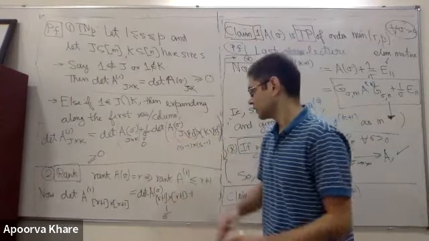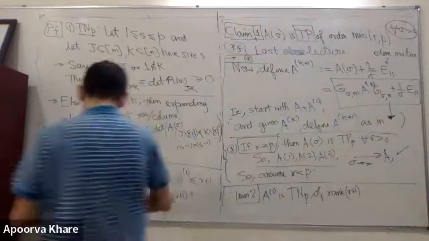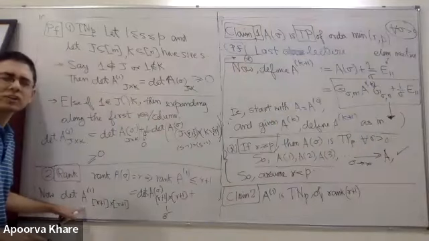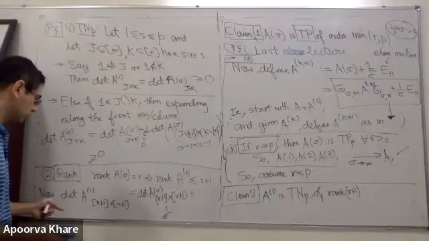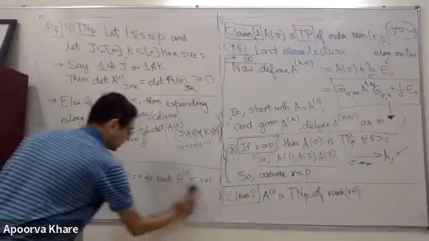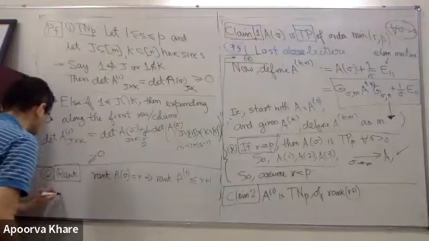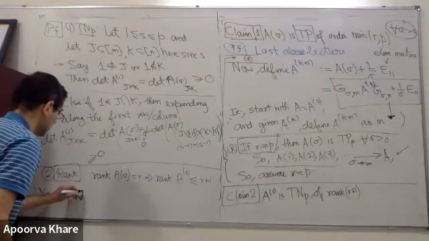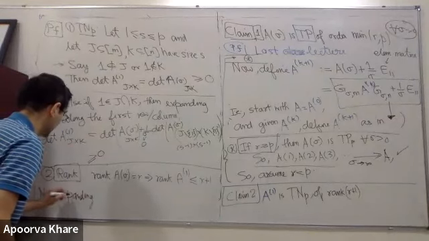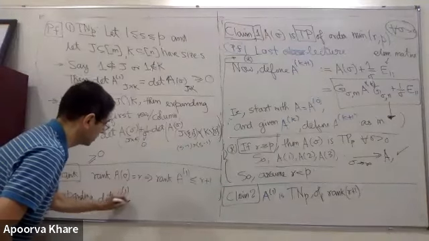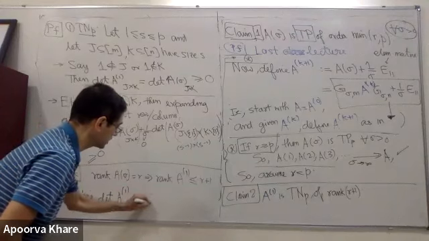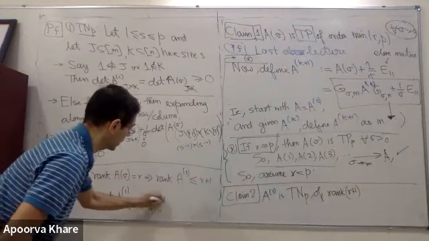So again, A1 is the matrix where only the top left corner is updated, right? So if I expand A1 R plus 1 cross R plus 1 along the first row.